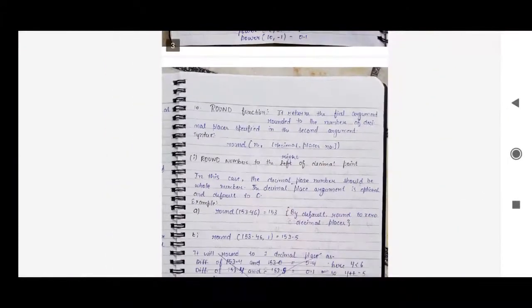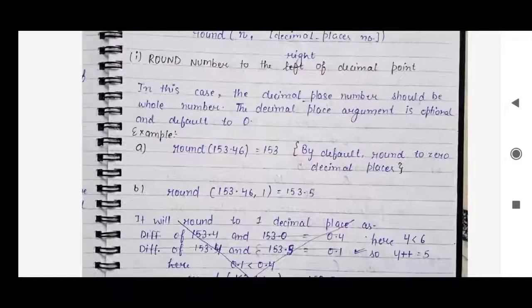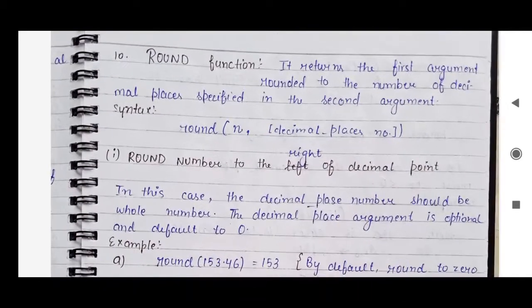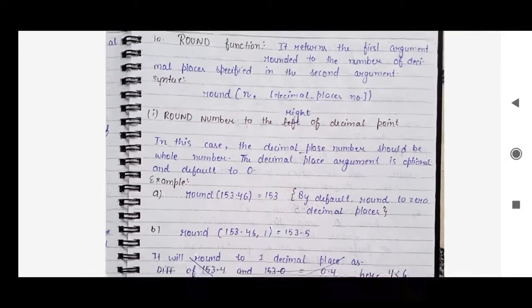Next is the round function. It is one of the important ones and quite a difficult one, so just understand this briefly. What is the use of the round function? It returns the first argument rounded to the number of decimal places that we specify.